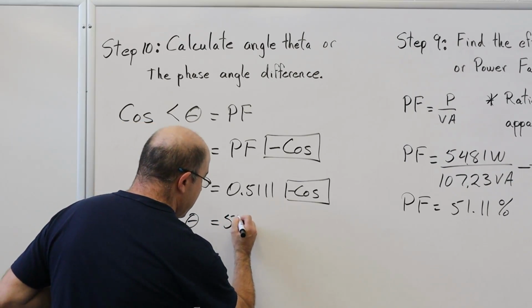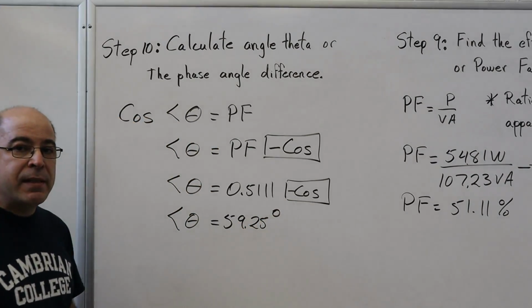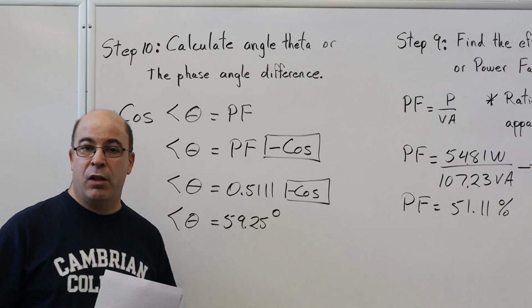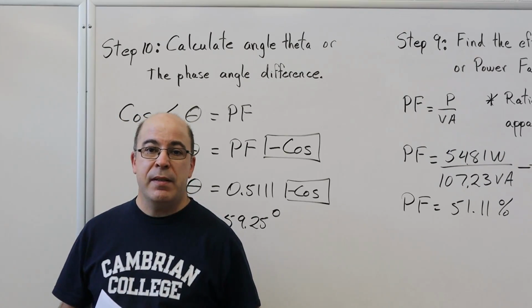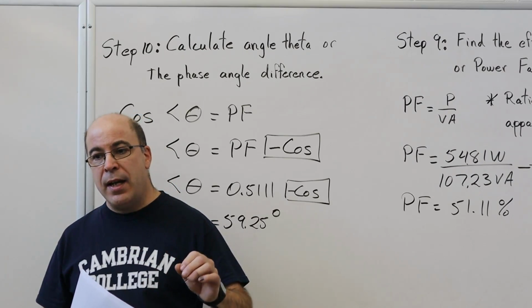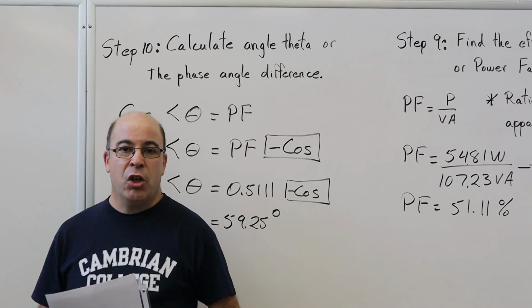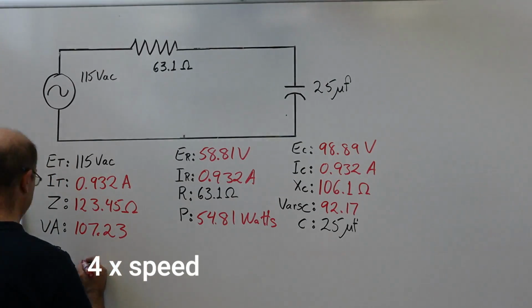It works out to be 59.25 degrees of phase angle difference between the voltage and the current. Now, we're going to move on. I will input all of this into the chart, and then we're going to talk about how to chart and draw out the voltage and current values for the entire circuit.